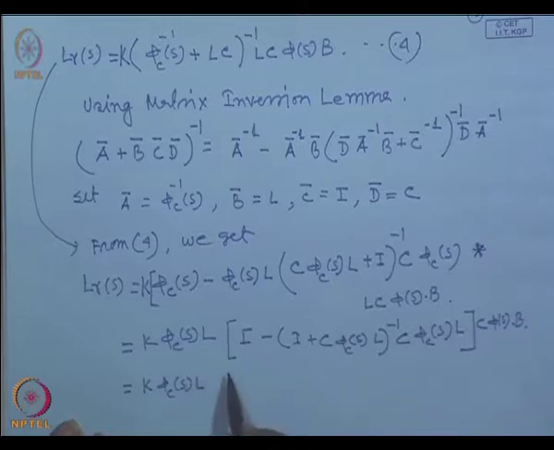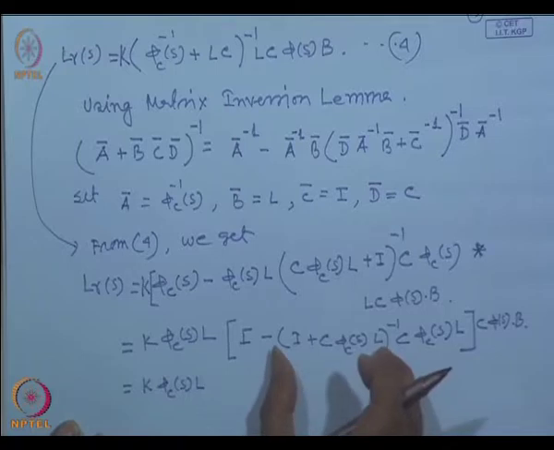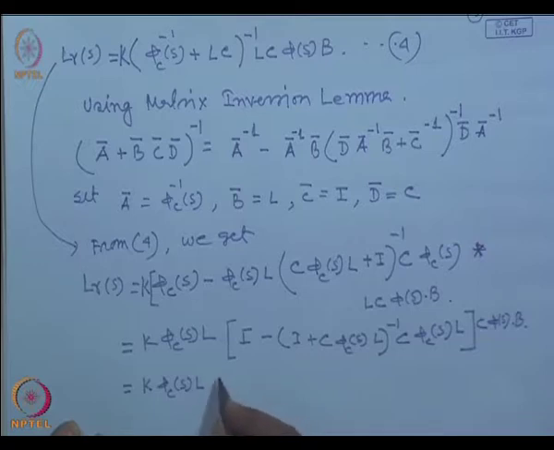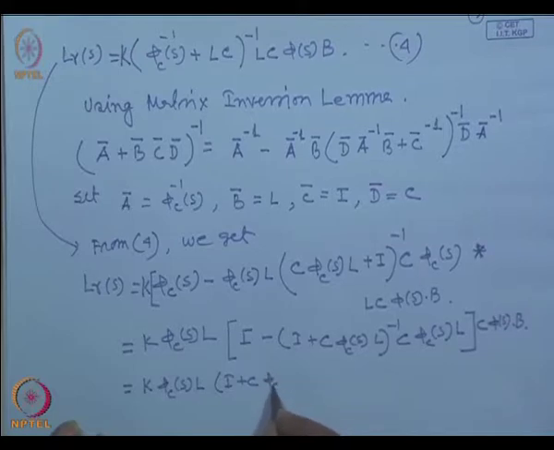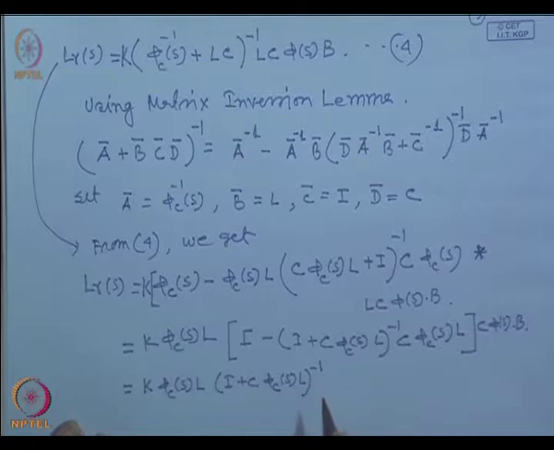Phi C L, and this I can write as this matrix into the inverse of this matrix. So, I am taking common the inverse of this matrix, I plus C phi C S L whole inverse.